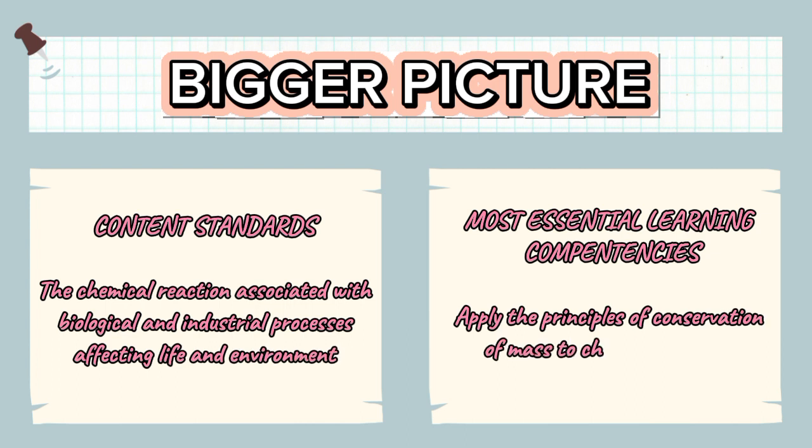But before we head to our problem set, let's take a look if we were able to meet our most essential learning competency in this video. Were we able to apply the principle of conservation of mass to chemical reactions?